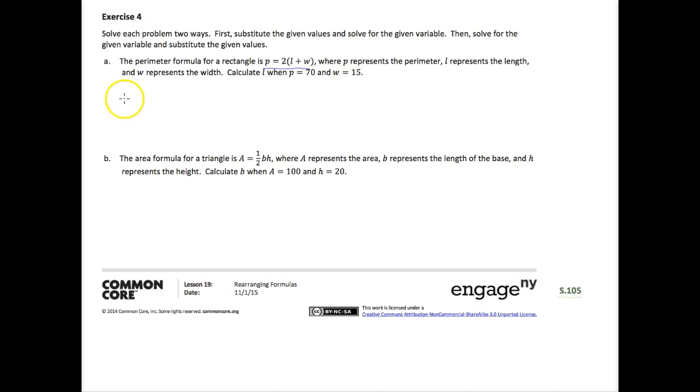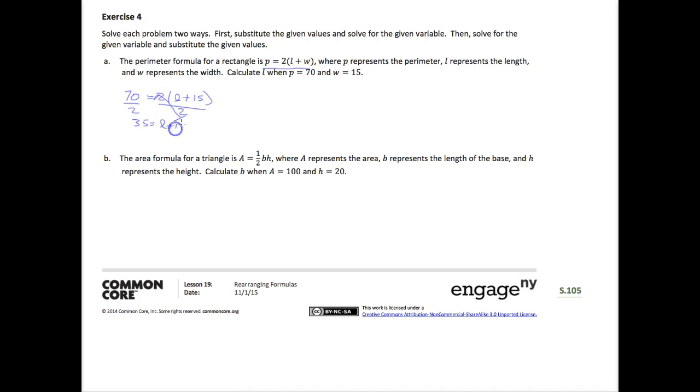Okay, so they told us we could put the numbers in, so we're going to start that way because that certainly seems like the easiest thing to do. L and then W is 15. And let's see here. Well, you know me. I like to divide where I can, so I'm going to divide first. 35 equals, and there's my 1, nicely gone.